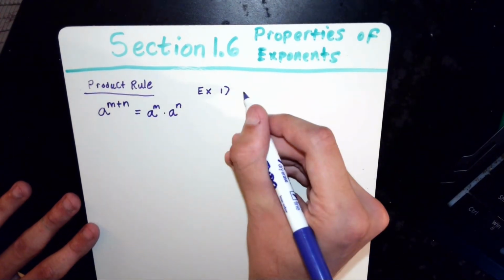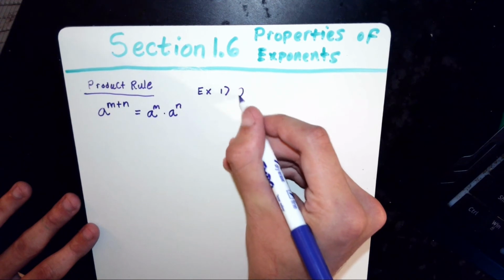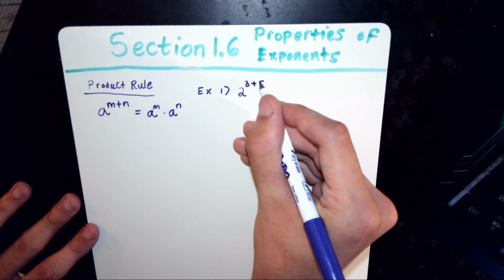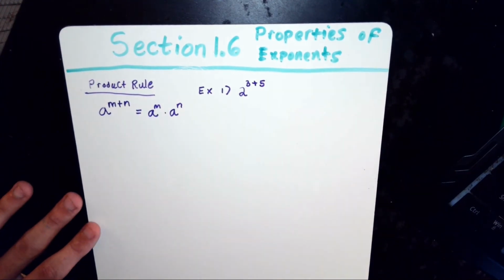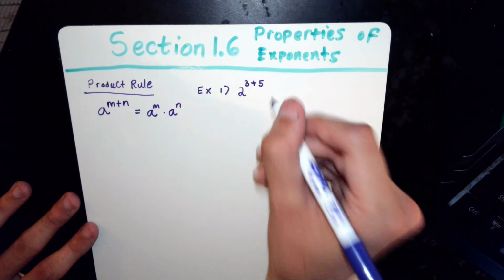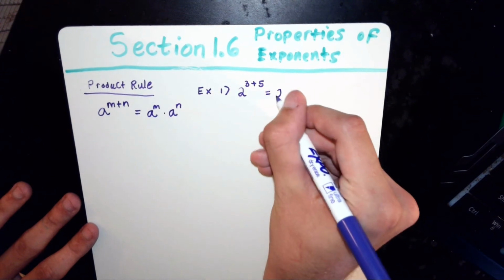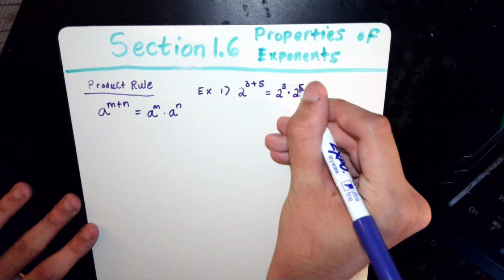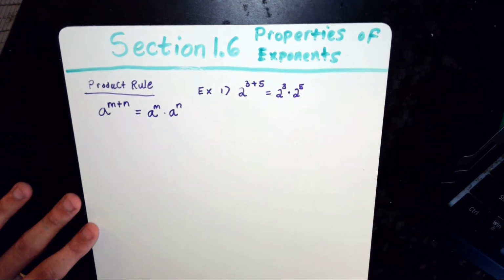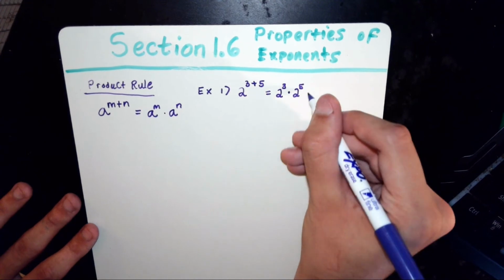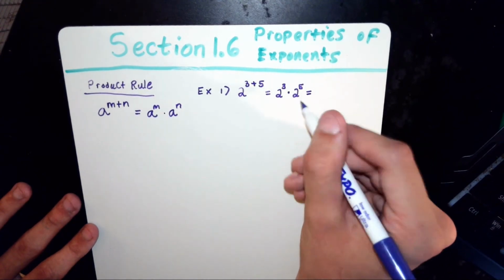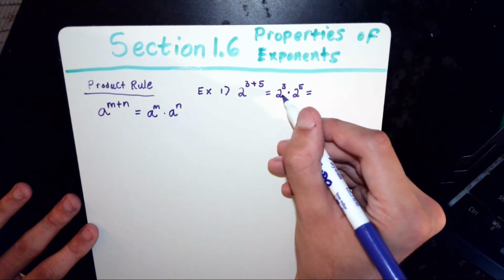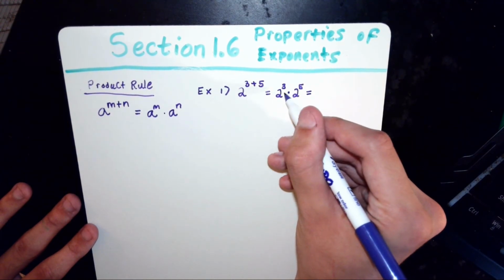So here let's consider 2 to the 3 plus 5. What would that be? Well, that's the same thing as 2 to the third times 2 to the fifth. And here's where you might need a calculator if you don't know your powers of 2. That's okay. 2 to the third is 2 times 2 times 2, so 2 times 2 is 4, and then once more times 2 we get 8.